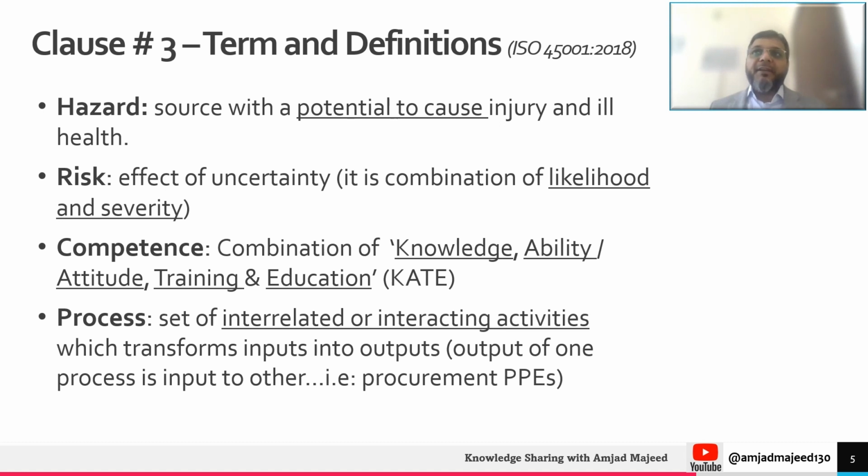It's the effect of uncertainty. Normally it is a combination of likelihood and severity. Likelihood is the chance of occurrence of something, and severity is, if that happens, how severe it will be. So that is, in a nutshell, the quick understanding of that.